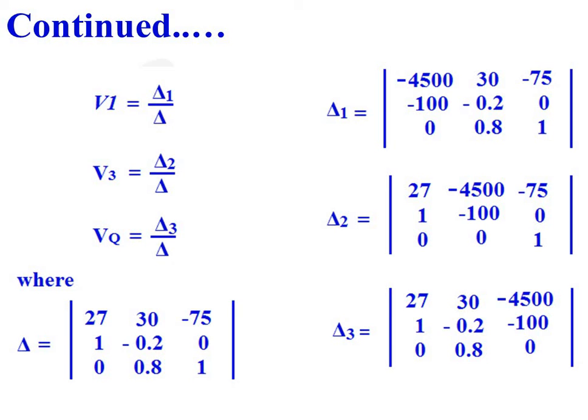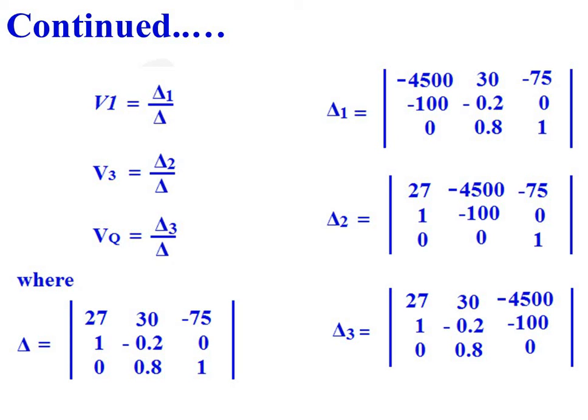So applying Cramer's rule, we can write V1 is equal to delta 1 by delta, V3 is equal to delta 2 by delta, and VQ is equal to delta 3 by delta, where delta is equal to determinant of 27, 30, minus 75, 1, minus 0.2, 0, 0, 0.8, 1. Delta 1 is equal to determinant of minus 4500, 30, minus 75, minus 100, minus 0.2, 0, 0, 0.8, 1.